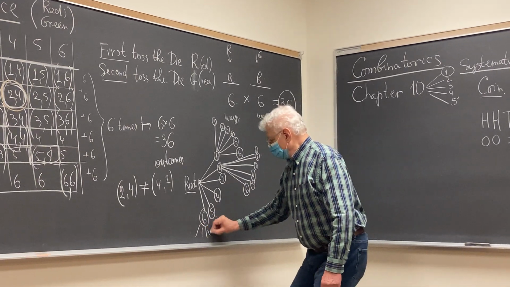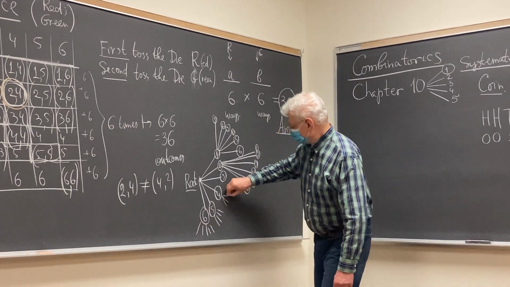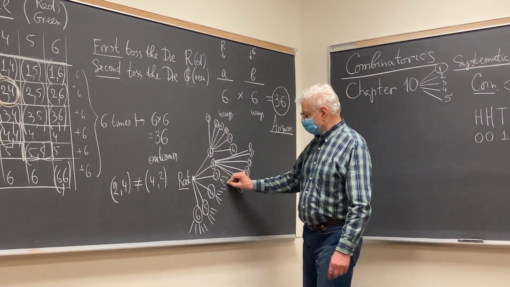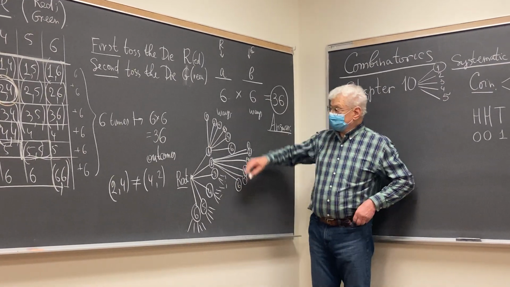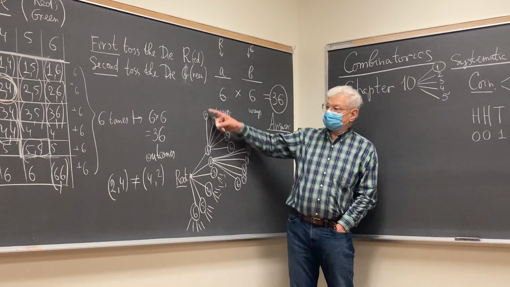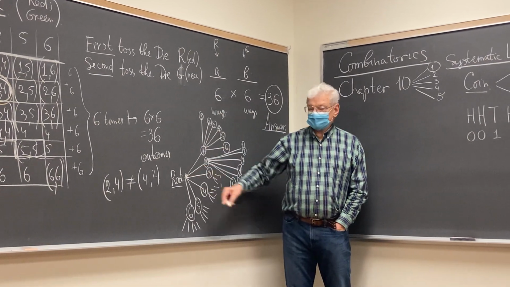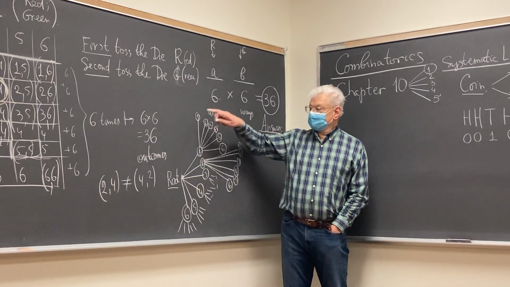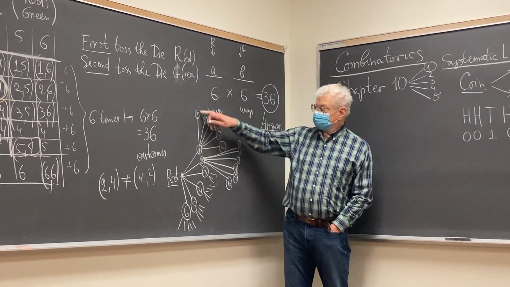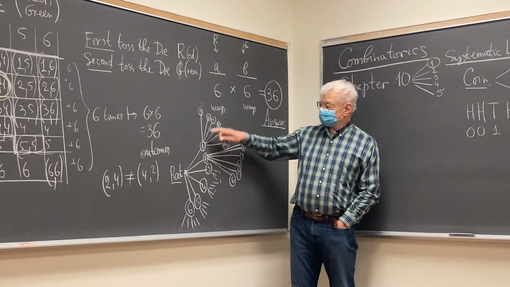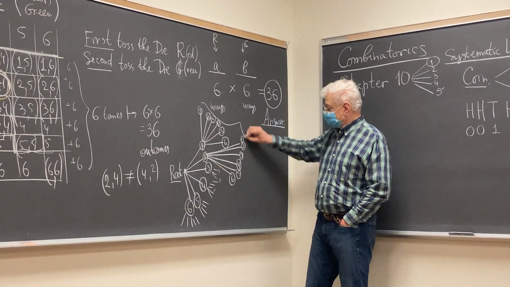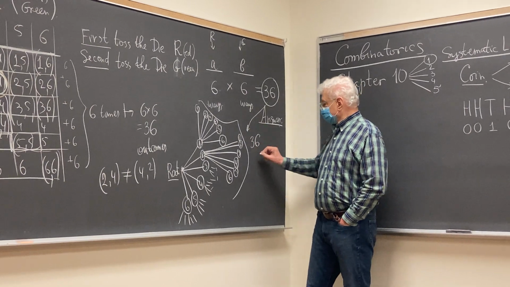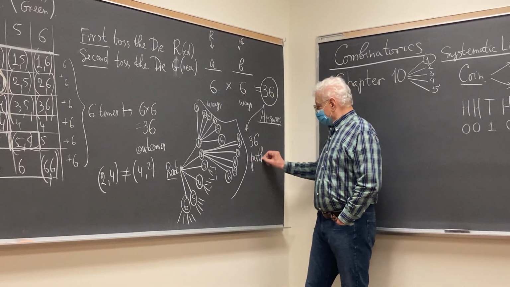Everywhere you draw 6 lines, and write in the end 1, 2, 3, 4, 5, 6. After that, you find the number of paths from the root to the leaf. One path, second path, and so on. And how many paths are here? Exactly 36 paths.